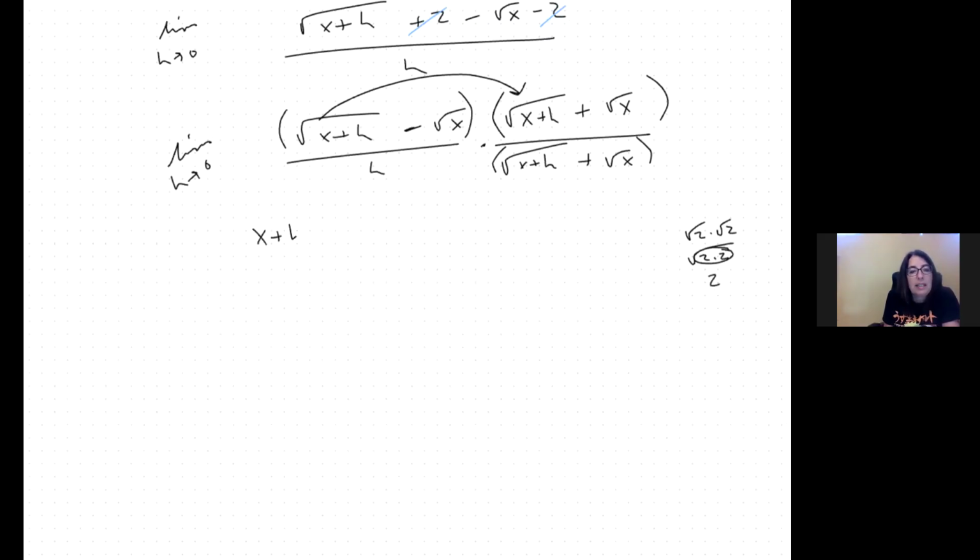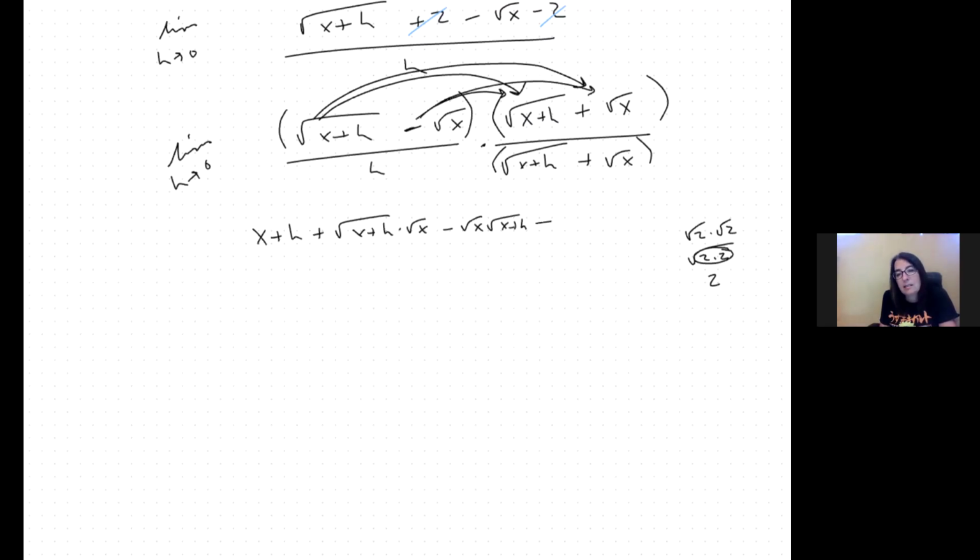When we multiply here, we have plus times root x. Now we'll go here, negative the square root of x. And this one, and again, root x times a root x just becomes an x, because there's 2 of them. And then all of this stays in the denominator.